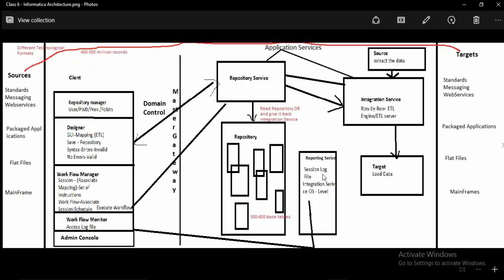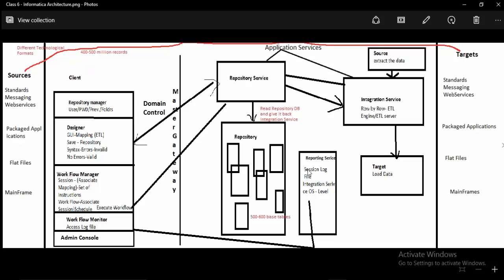How many records are loaded, how many records fail to load, what are all the different error messages triggered, all these transactions will be stored under a file called session log file.